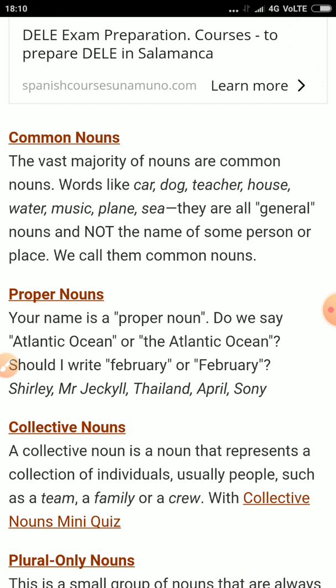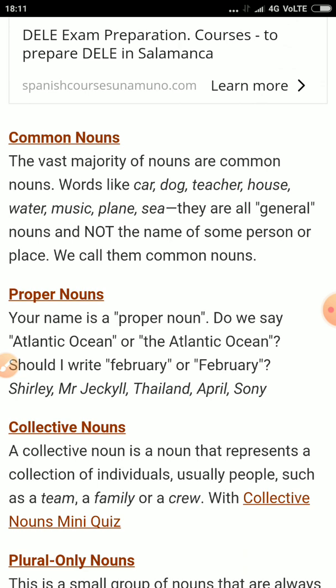Suppose whatever your name is, you are a proper noun. Names of rivers: Ganga, the Krishna, the Kaveri, Damodar, Amazon. These are names of rivers.